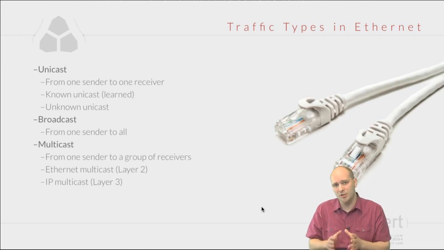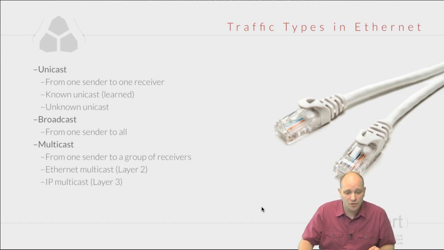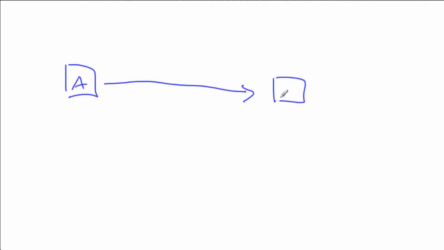The decision that the switch is going to make about what to do with the frame depends on which traffic type we are actually trying to send. Unicast traffic is the traffic from one host sent to another host. Unicast traffic is determined by the destination MAC address of this traffic, by the destination layer 2 address.